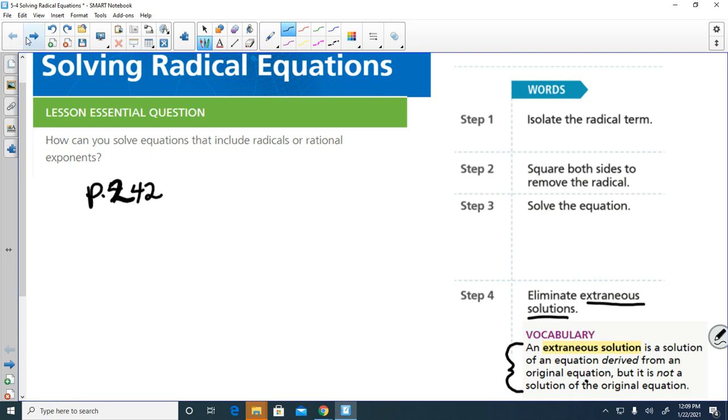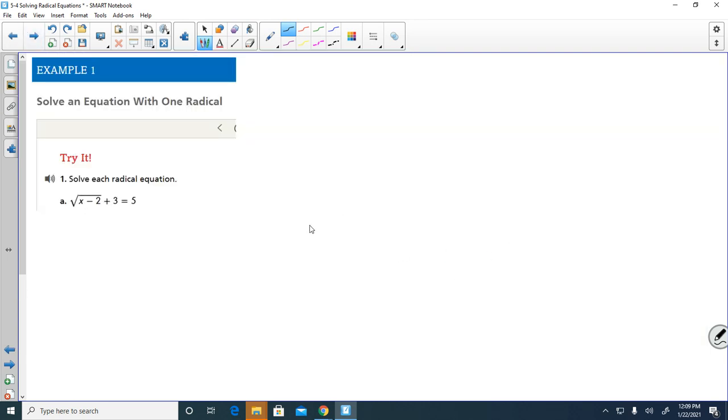All right, so let's start with our first example. Go to example 1. We're going to solve this radical equation, and we're going to follow those steps. So I've got the square root of x minus 2 plus 3 equals 5. So remember my first step was to isolate the radical.